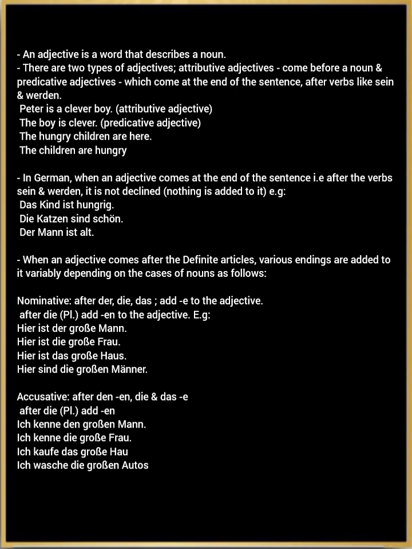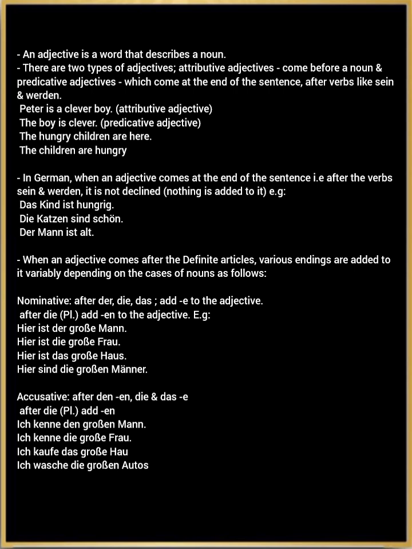In German, when an adjective comes at the end of the sentence, that is, after the verbs sein and werden, it is not declined. That is, nothing is added to it.